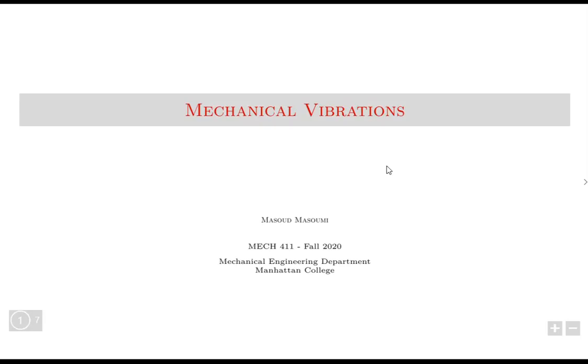Examples of bad vibrations: a very common one is car vibration. When you're driving and pass a bump in the road, your car starts vibrating, and you feel whatever uneven surface you just passed, which is not a good vibration.